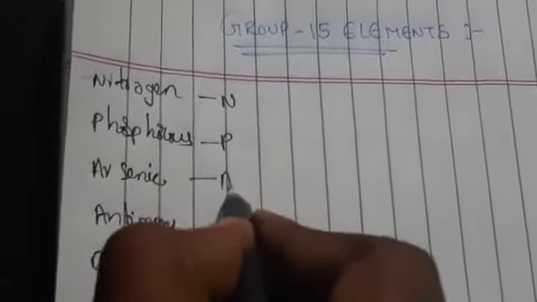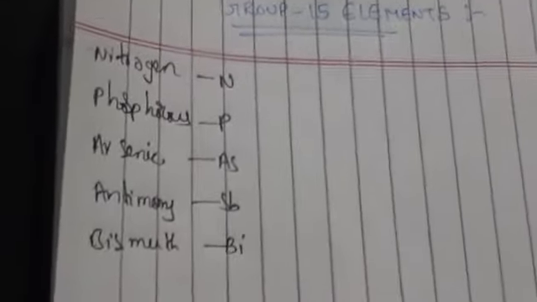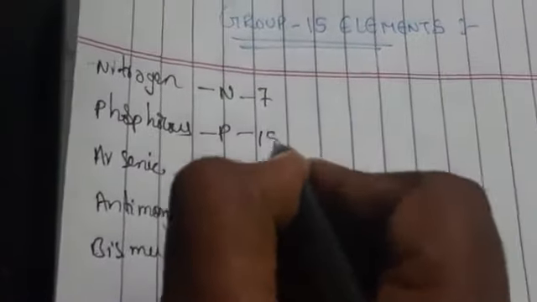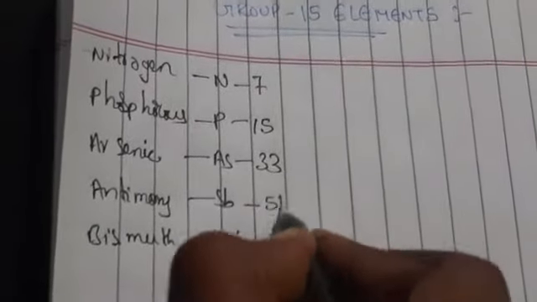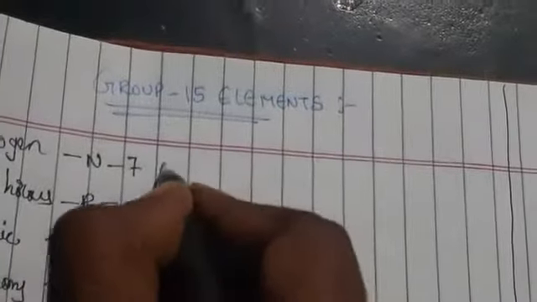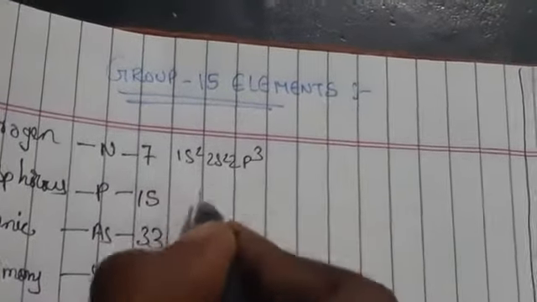The symbols are N, P, As, Sb, Bi. The atomic numbers are 7, 15, 33, 51, 83.